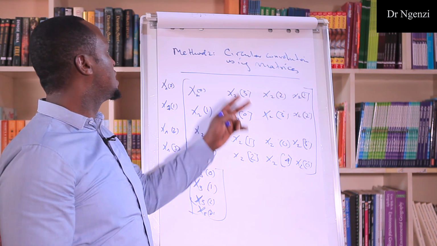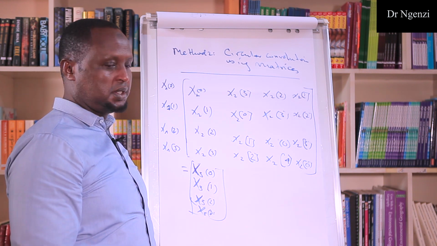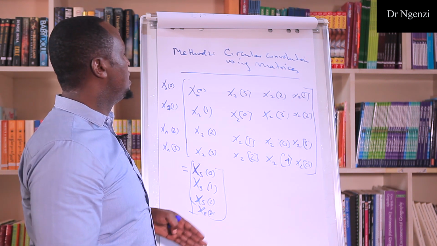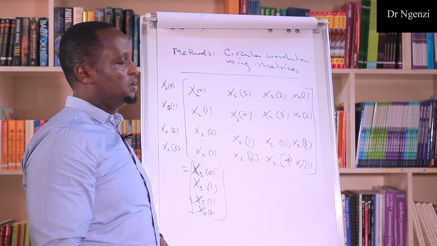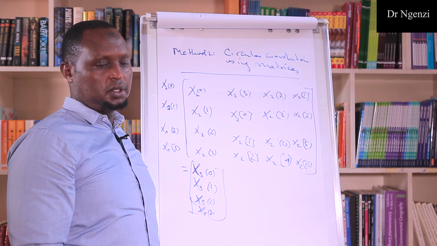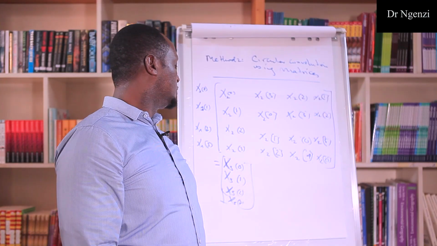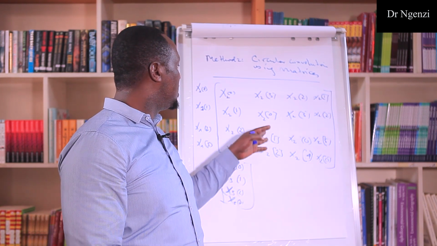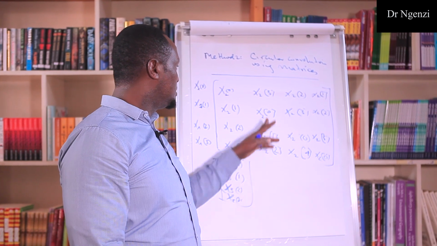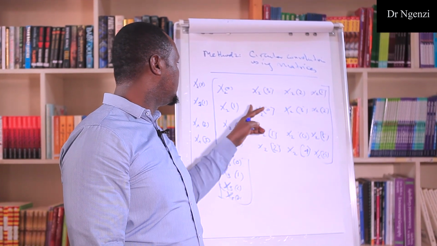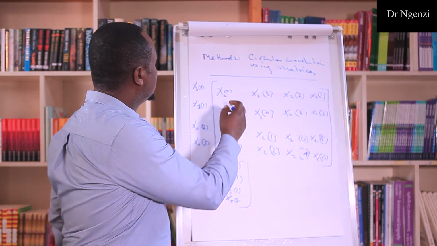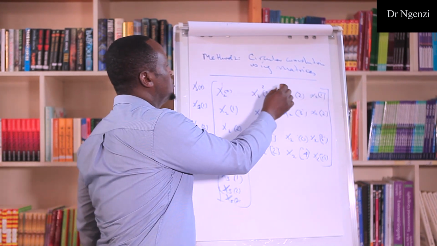So this is a circular convolution using a matrix format, and you can supply any number given all these notations. You can supply the number according to which point, at any particular point here. Suppose here is 1, 2, 3.